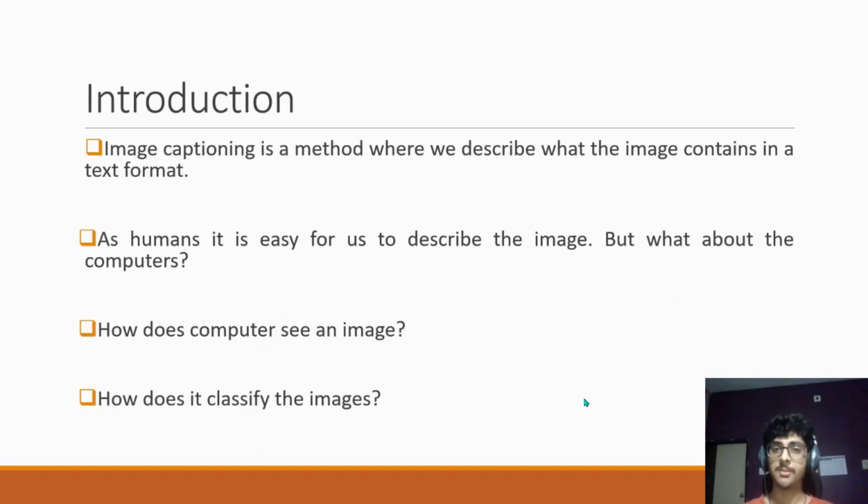So what is image captioning? Image captioning is a thing that we do in our daily lives without even realizing it. Like we are looking at a scene and our mind is automatically translating the scene into a textual format for us to describe to others if we want. So how does a computer look at an image? That's the tricky part. A computer is bounded by its binary input, so we cannot provide an image directly to the computer.